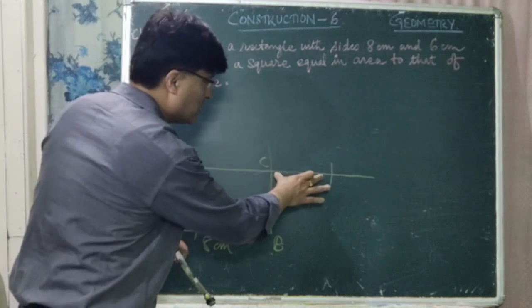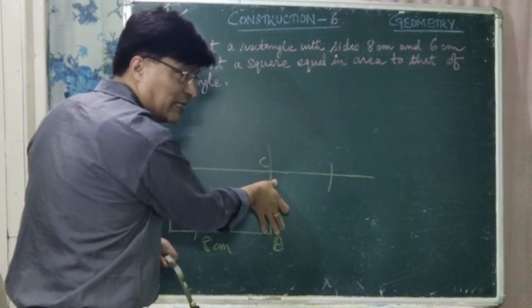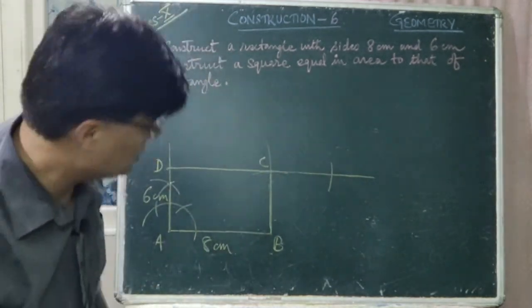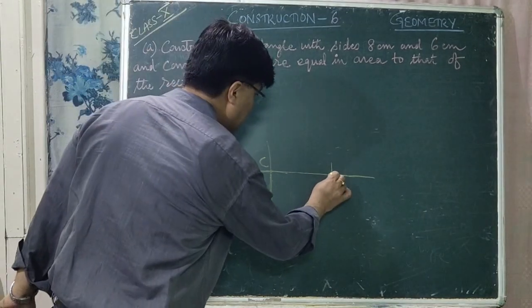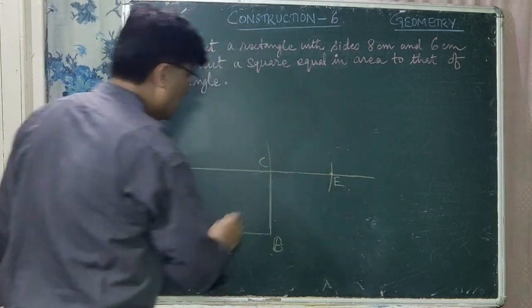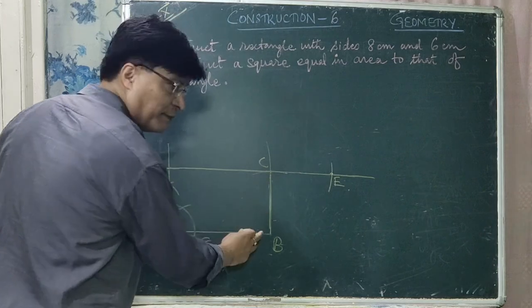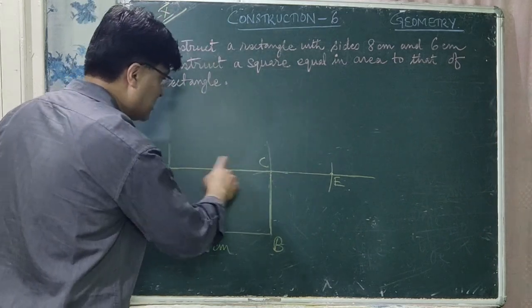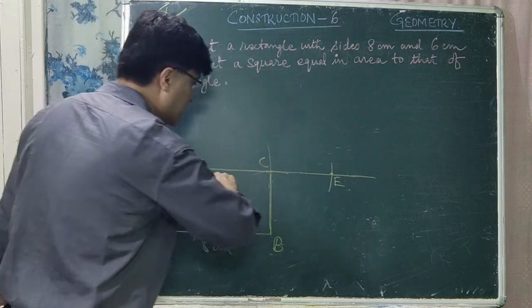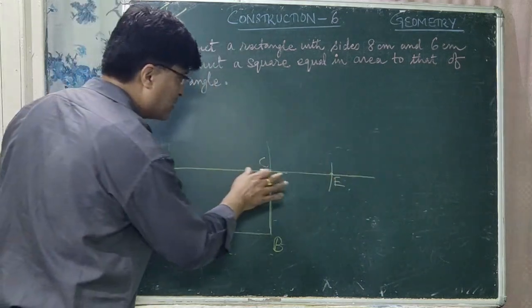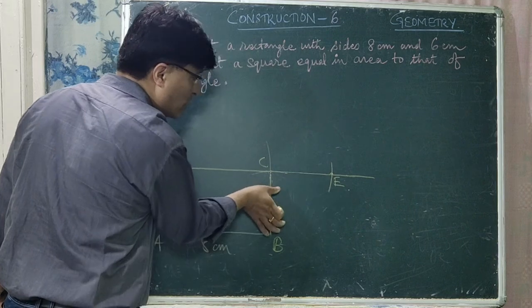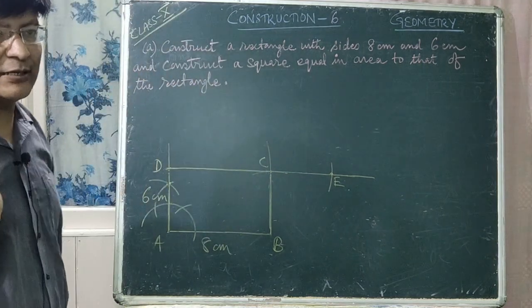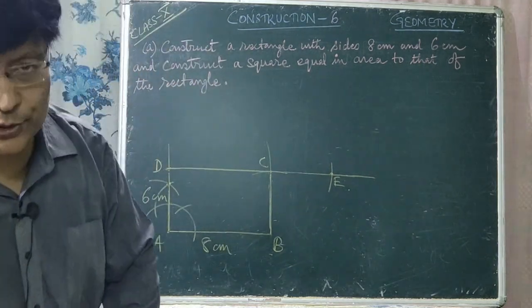That means this length is equal to BC. Suppose this point is E. CE is also the length of BC. This BC is equal to CE. So you extend DC on the right side and then cut off CE, which is equal to BC. Is that clear to all of you?